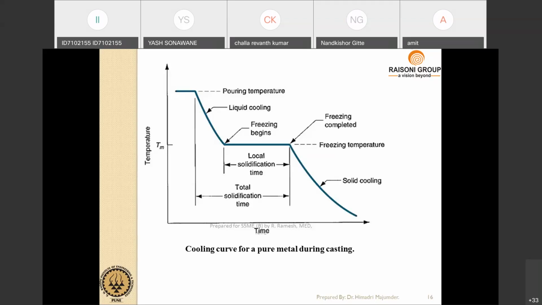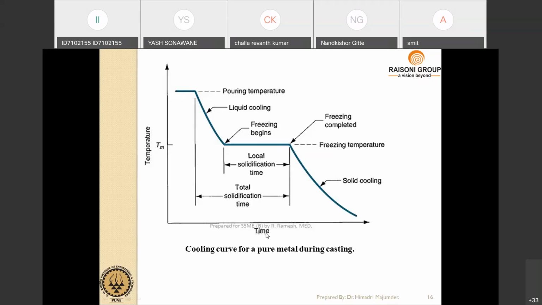So that liquid material we need to pour, and then give it some time to get solidified again. Due to this change from liquid to solidification, we are showing the cooling curve for a pure metal during casting.